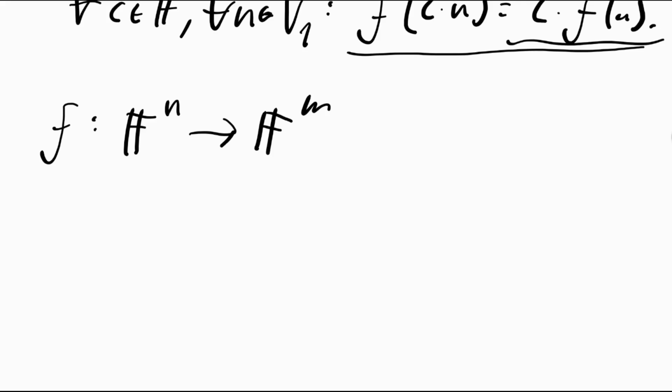So from n-tuples to m-tuples, given by some matrix A. Then f of some vector v is basically equal to A v.